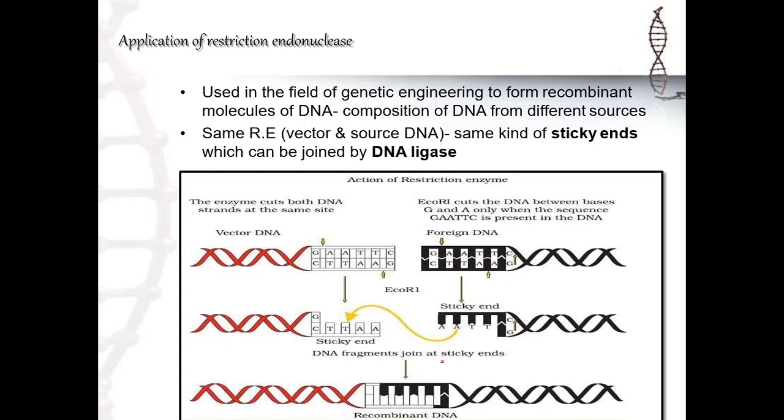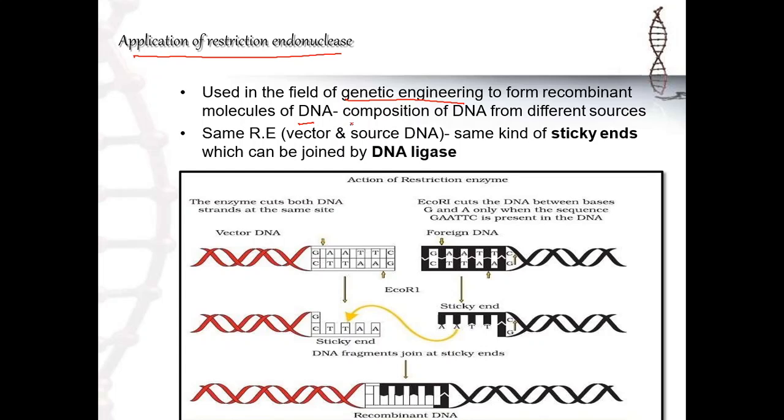So these are the applications of the restriction enzyme. So how is this used? Restriction enzymes are used in the field of genetic engineering to form recombinant DNA, or recombinant molecules of DNA, compositions of DNA from different sources.